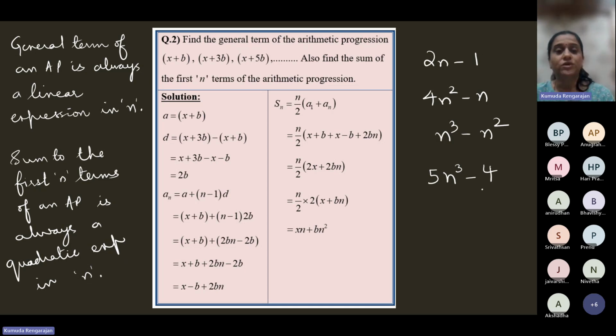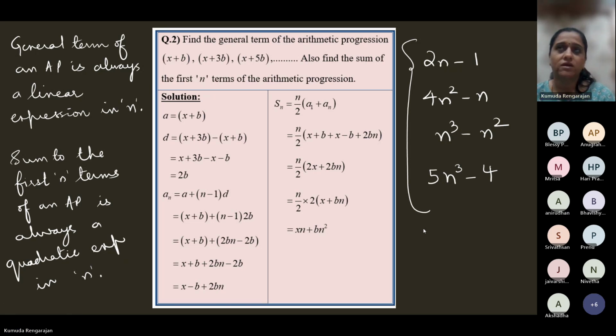So you're given 4 expressions like this. And the question is, which of the following can represent the sum to the first n terms of an AP? Which among these can represent the sum to the first n terms of an AP?